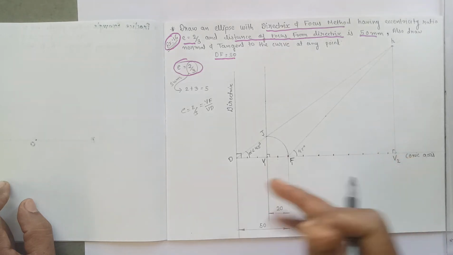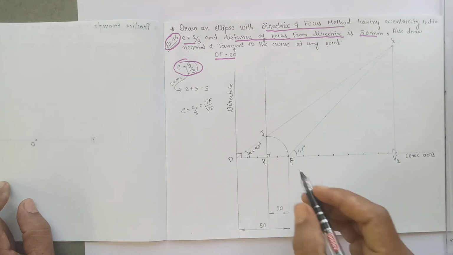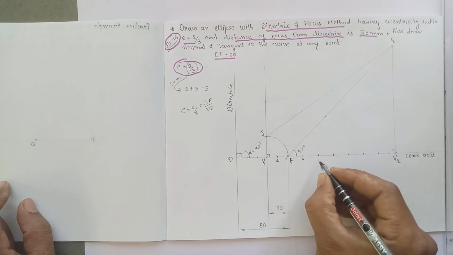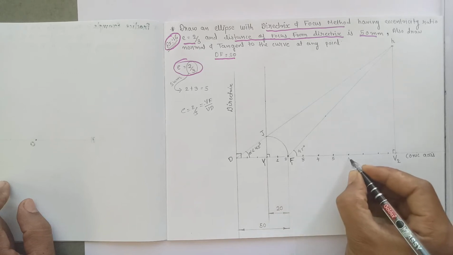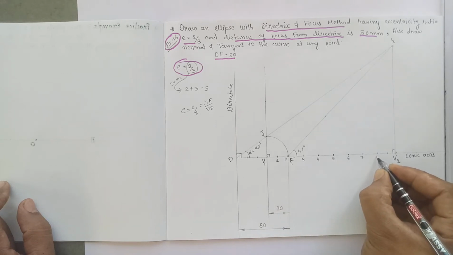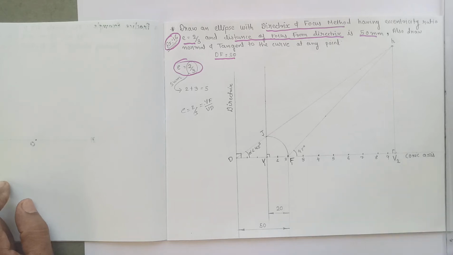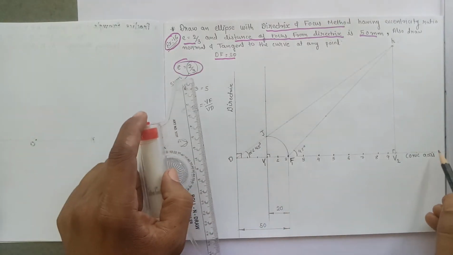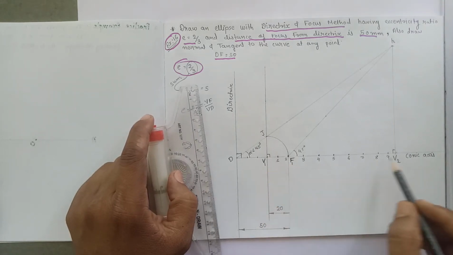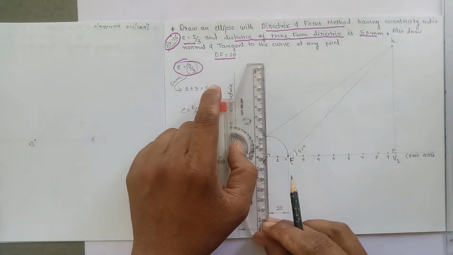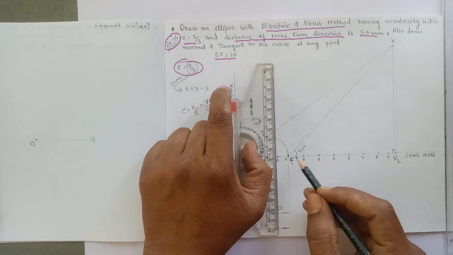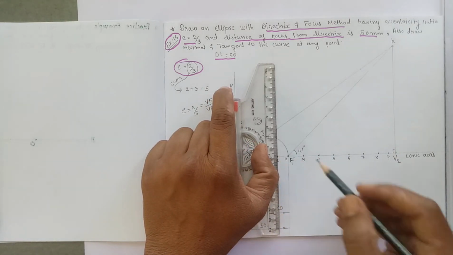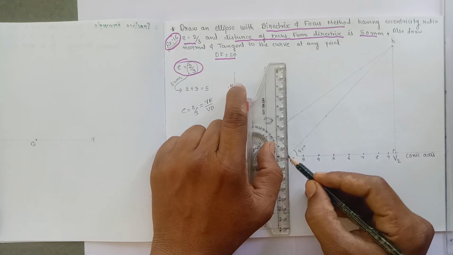You can make random divisions like this: 1, 2, 3, 4, 5, 6, 7, 8, 9. So after taking divisions, draw lines perpendicular to the conic axis from these divisions, like this.